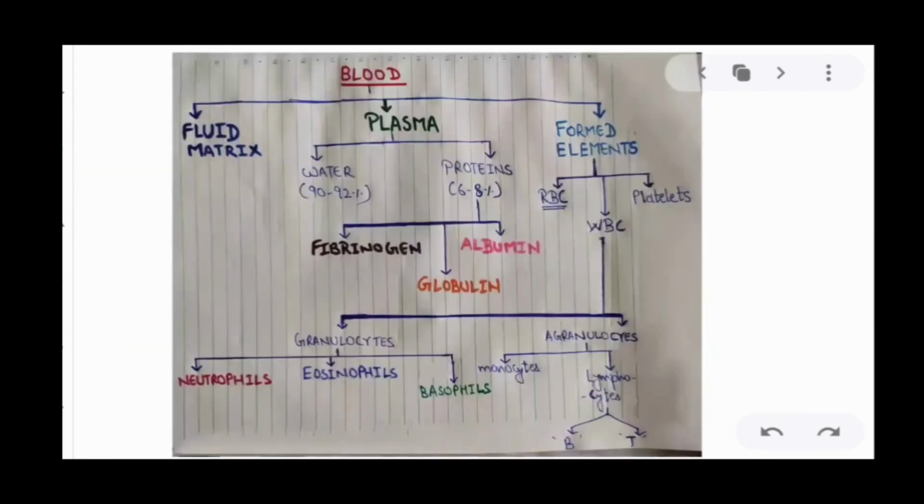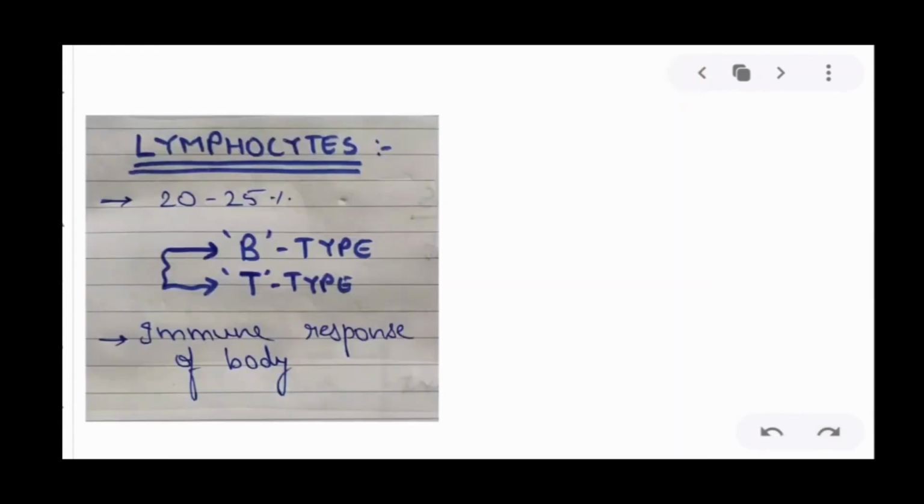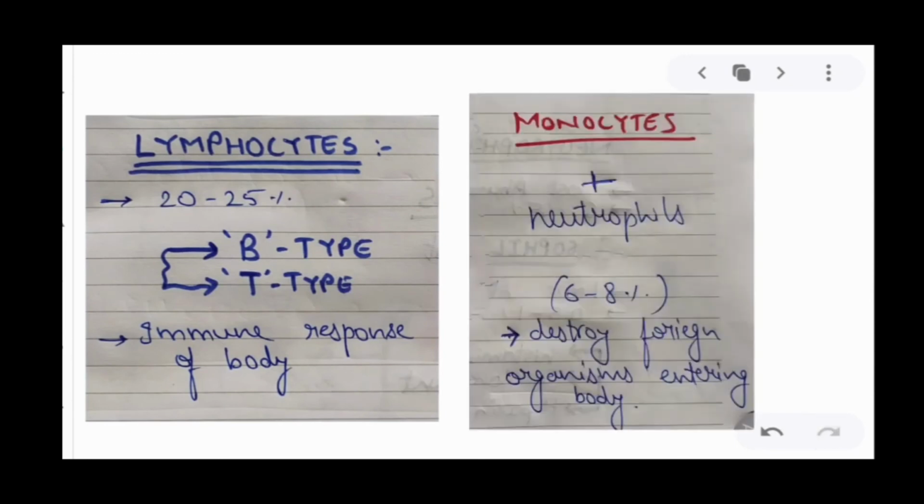Coming to the agranulocytes, we see there are monocytes and the lymphocytes present here, and the lymphocytes are of two types, that is the B type and the T type. So here the lymphocytes and the monocytes. The lymphocytes are 20 to 25% in quantity and they are of two types, B type and T type, which provide the immune response of the body.